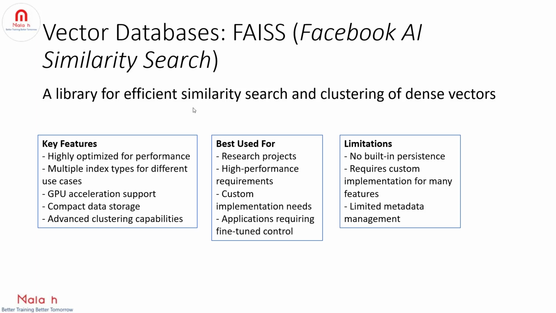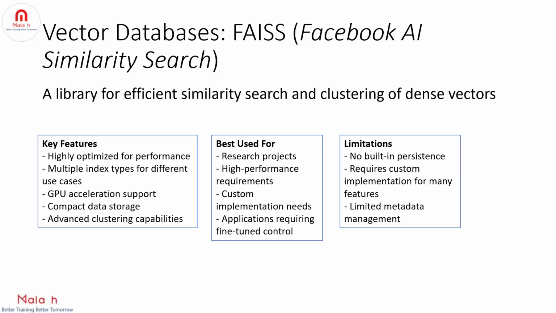This is a library for efficient similarity search and clustering of dense vectors. And what are the key features? Highly optimized for performance, multiple index types for different use cases, and it has GPU acceleration support, compact data storage, and it also has advanced clustering capabilities.